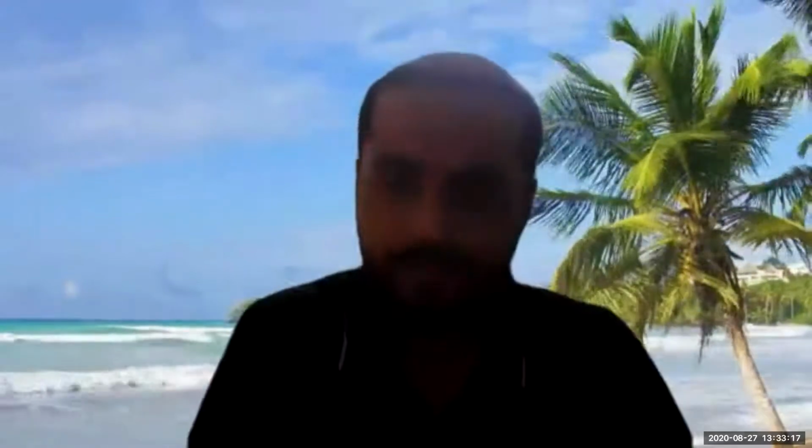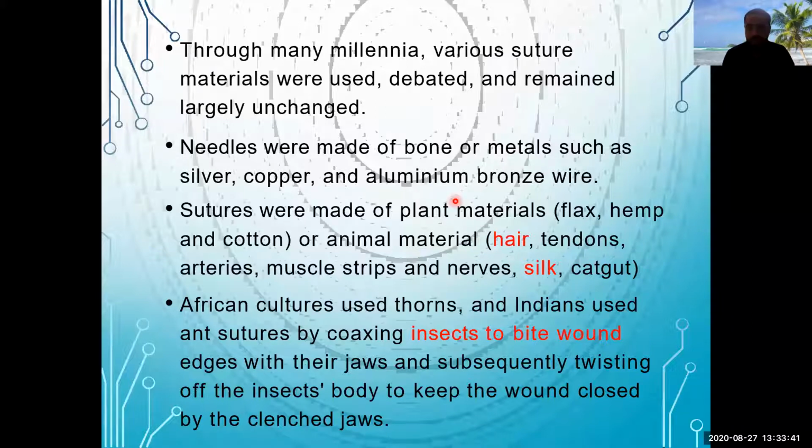Today we are discussing the suture materials. So we are not going into details of the history and those things. Can you see the slide?